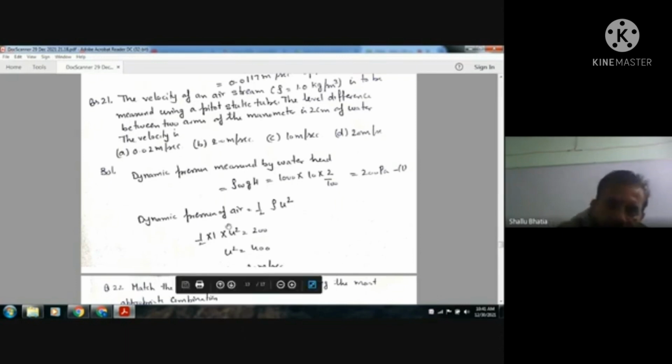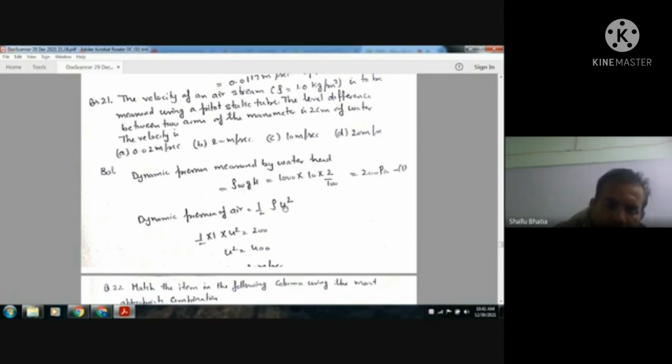So here the dynamic pressure head, this is similar to the second or third question asked in this paper. So dynamic head is again given by rho W g h, as a manometer is used and here rho W, water, has been used. This is the dynamic head, but the dynamic head of air is half rho U square. Here the density rho is for air, and here the density rho is for water. Density of air is 1.